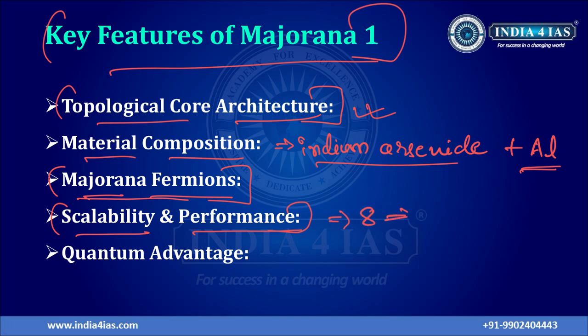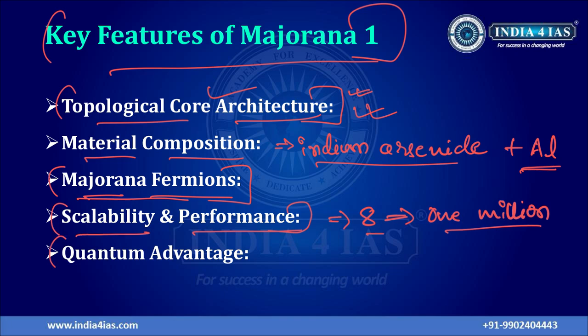From 8 to 1 million qubits. So that is the scalability of the topological core architecture. This scalability is a crucial step towards achieving practical quantum computing, and that has been done using topological core architecture.